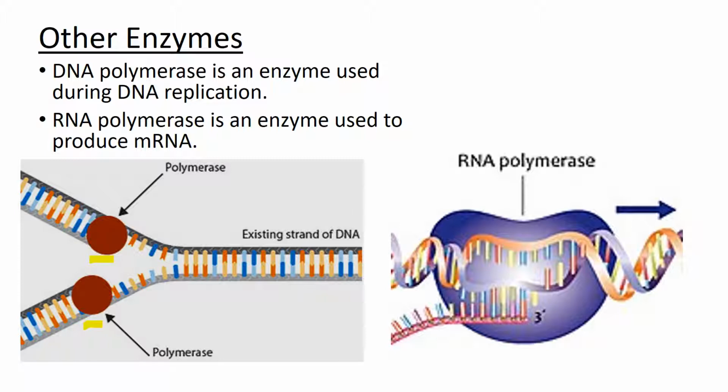But the DNA polymerase is being used to replicate or copy the DNA, so that's a very important protein. RNA polymerase is used to produce mRNA from DNA. You don't have to memorize these details right now, but now you've heard of DNA polymerase and RNA polymerase, and these are two very important enzymes.